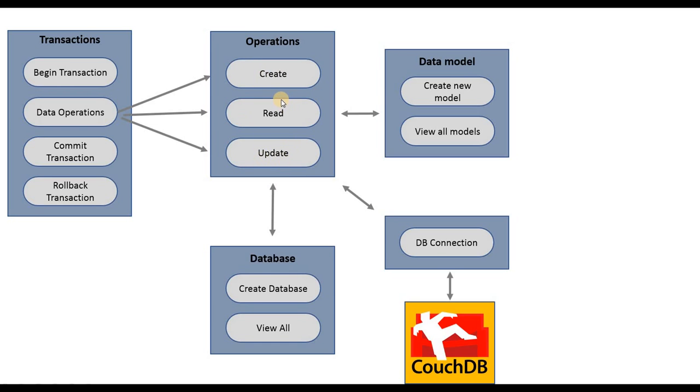They can create a new record, delete a record, update, or just read it. After doing this sequence of data operations, the transaction started will be either committed or rolled back. It will be decided by the customer, the client. The support for all these things will be implemented in this transaction layer.